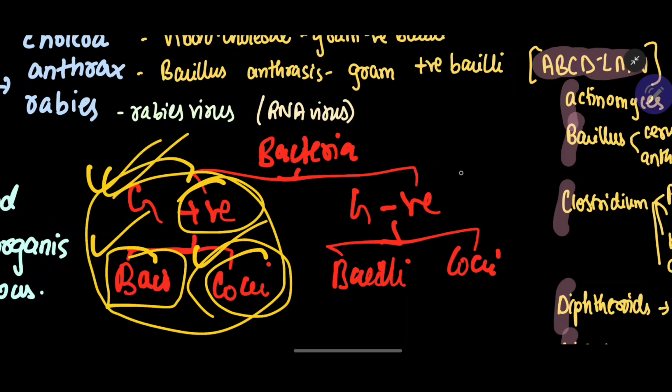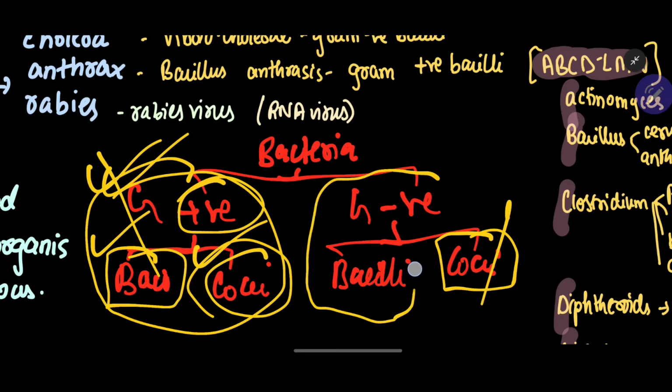But for gram negative, we only have a mnemonic for cocci. Whatever organisms don't fall under this mnemonic and this mnemonic will automatically be gram negative bacilli. I know this is very overwhelming, but I just want you to keep this in your mind for now.